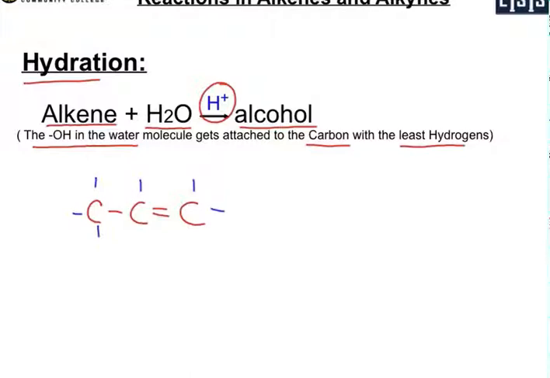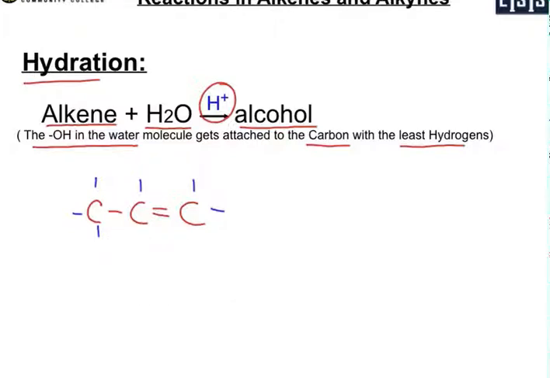Remember, each carbon has to have 4 bonds, and so this first carbon has 3 hydrogens, the second one has only 1 hydrogen, and the end one has 2 hydrogens. The double bond is between these two. So if you look here, the rule says that the carbon with the least hydrogens is going to get the OH. So that's going to be this carbon. The central carbon is the one that's going to get the OH when it reacts.